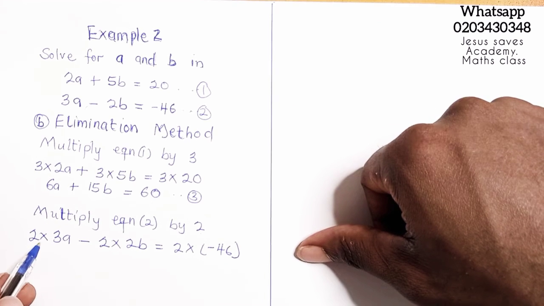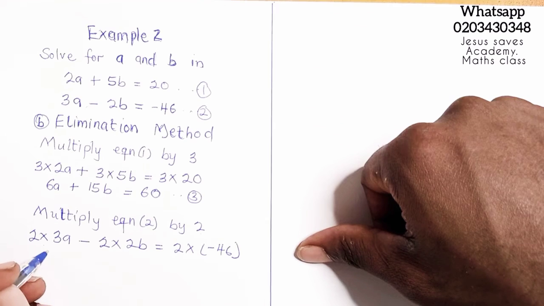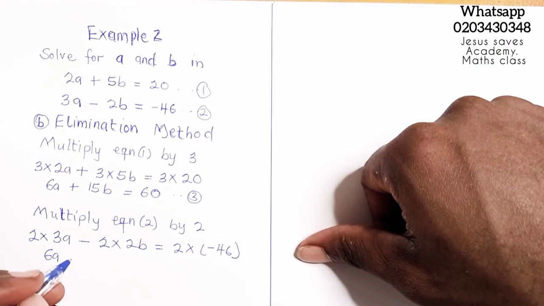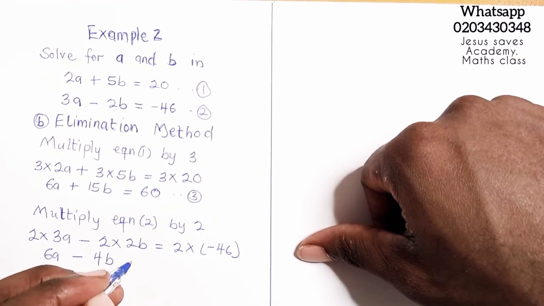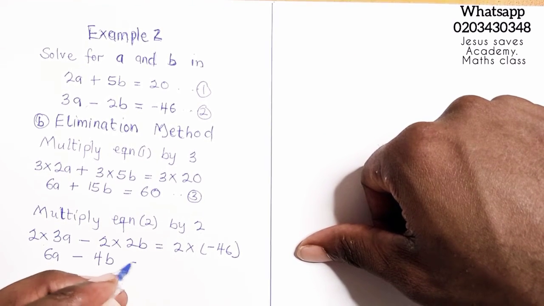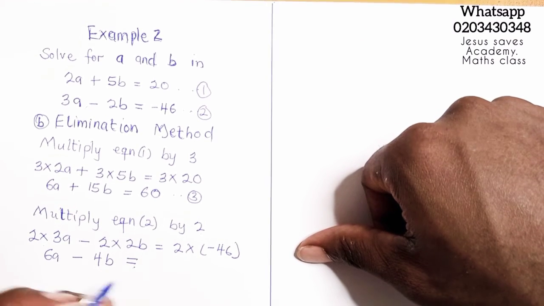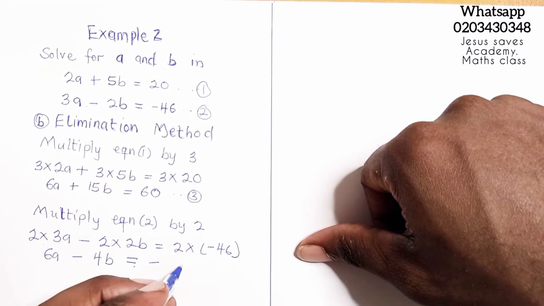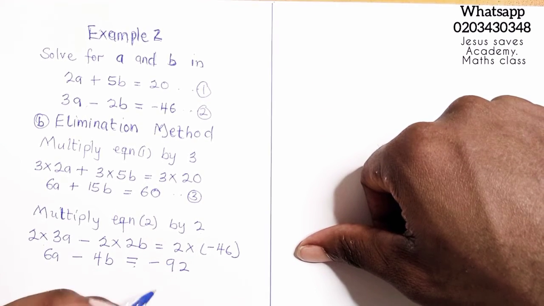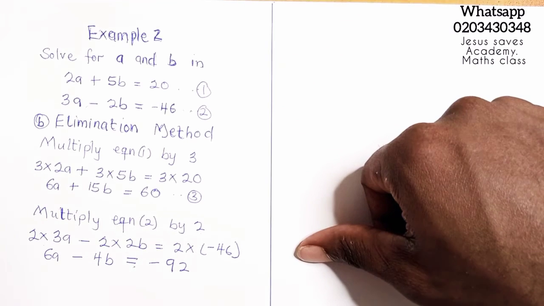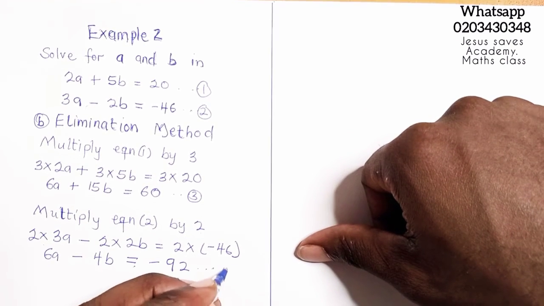So we simplify the expression, which gives us 6a minus 4b, which will be equal to negative 92. 2 times 46 will give us 92, negative 92. So this one will be our equation 4.